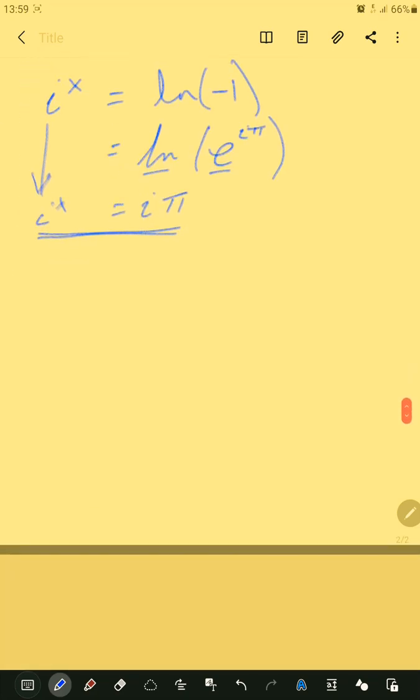So we continue with our little technique of substitution. If we take the log of both sides, we have x ln of i equals the natural logarithm of i times pi. And because they're multiplied together, we can separate them out to ln i plus ln of pi.